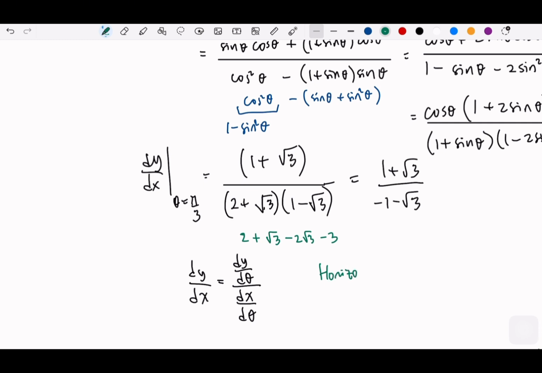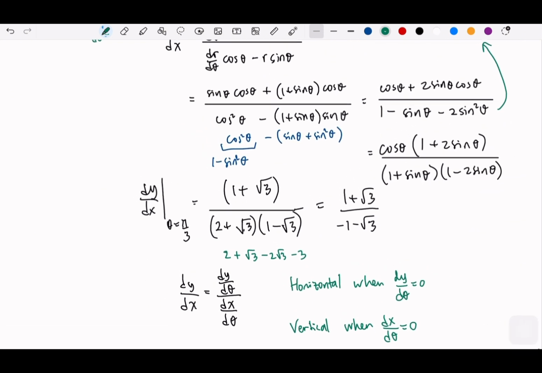Horizontal when dy d theta is 0, and vertical when dx d theta is 0. So basically you need to solve the polar equations on this dy d theta and dx d theta and find the possible theta.